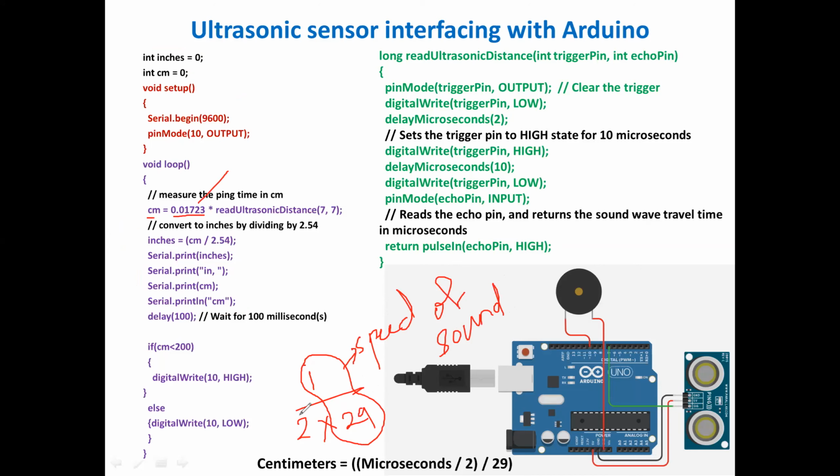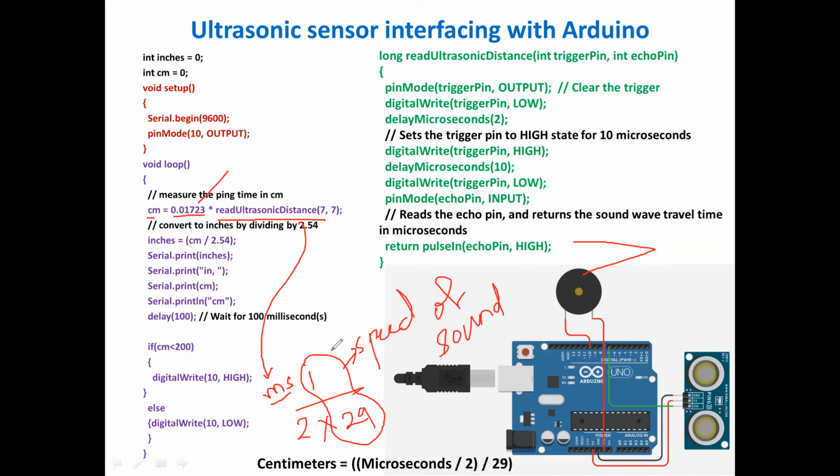And here 1/2 is because it is the time taken for the pulse to transmit and receive back, so that is divided by 2. Because the measurement here you will be obtaining in microseconds.